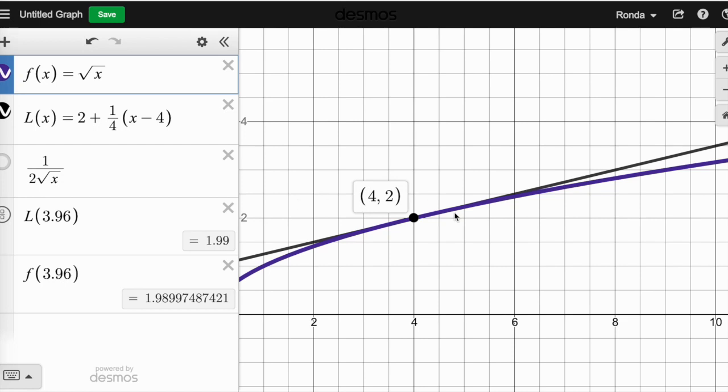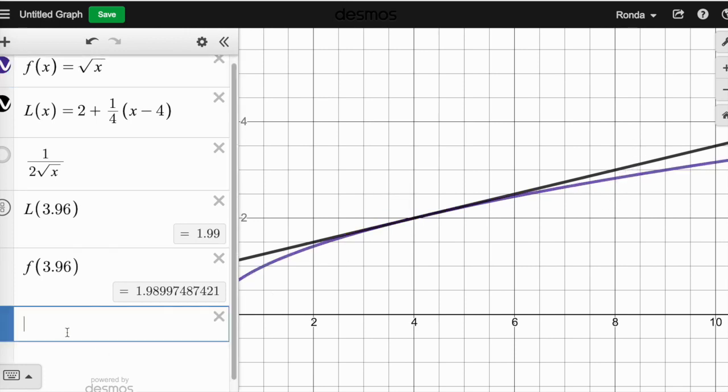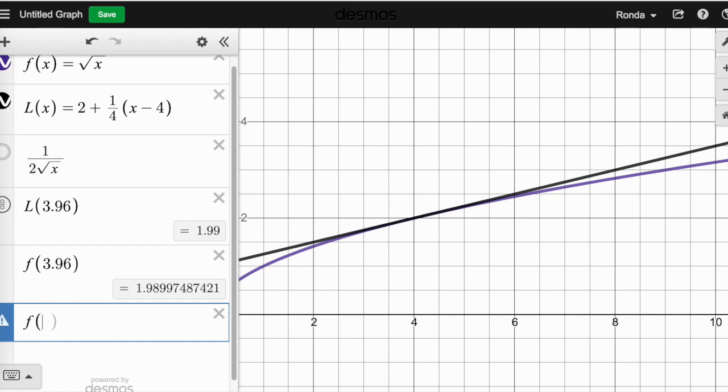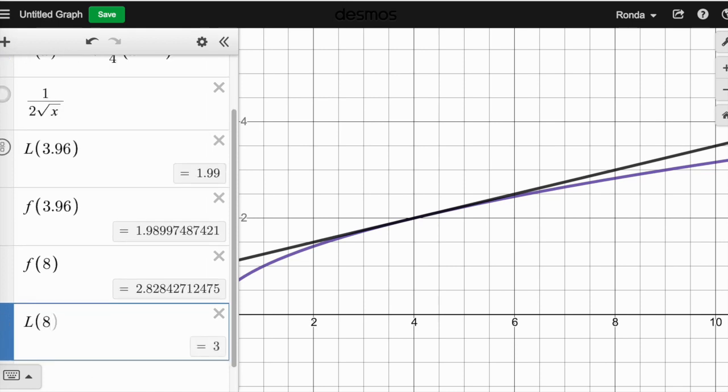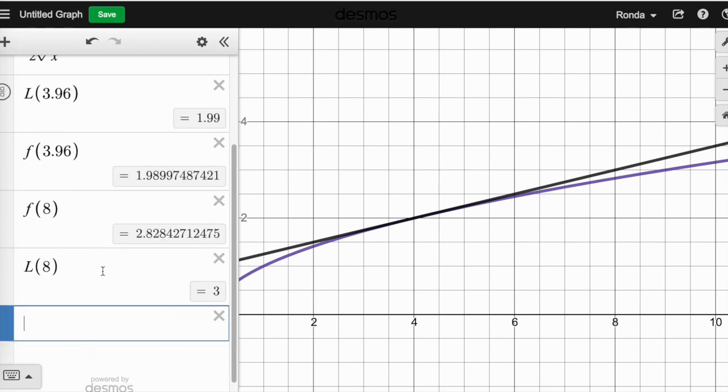Now, when I'm doing this, I wouldn't want to see how it's separating, like up here. I certainly wouldn't want to use this as an approximation for 8. Because what if I put in f of 8 and the linearization L of 8? Now my f of 8 is really 2.82, but my tangent line is saying that it's 3.